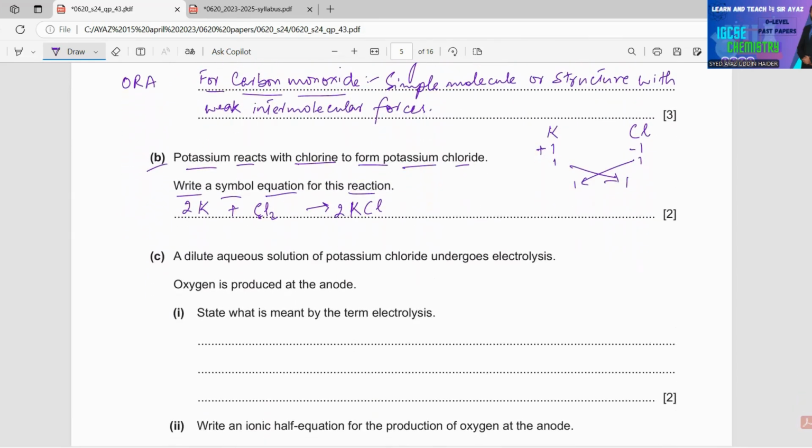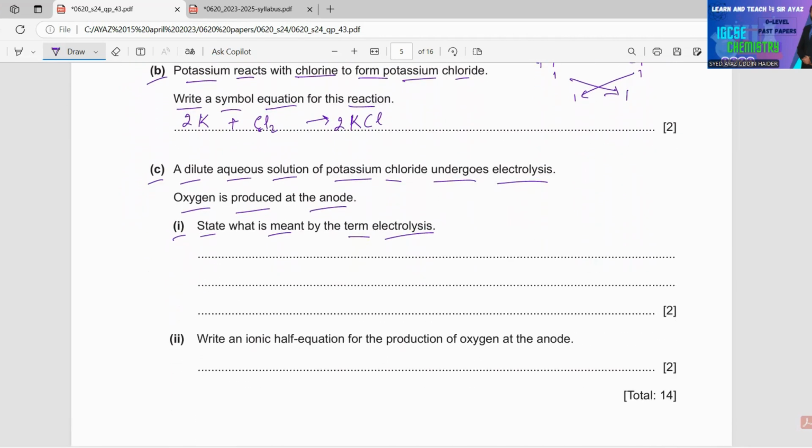Part C. A dilute aqueous solution of potassium chloride undergoes electrolysis. Oxygen is produced at the anode. 1. State what is meant by the term electrolysis. Electrolysis is made up of 2 terms, electricity and lysis.